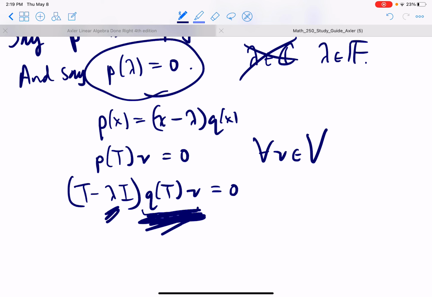We assumed lambda was just a zero of the min poly, and we're going to get that it's an eigenvalue with eigenvector q of T v.